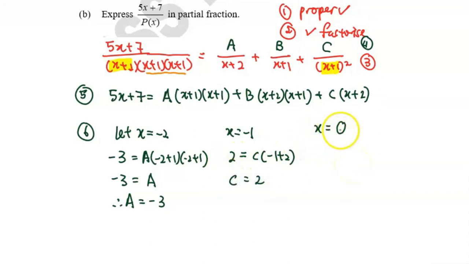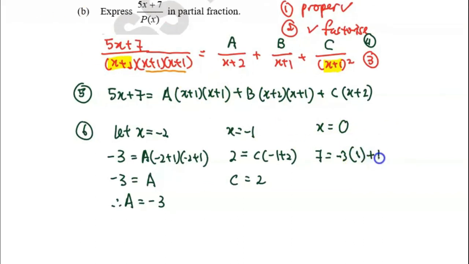For x equals to 0, we substitute here, and we get 7. Since we already have a, we will use the value of a, which is negative 3. Then substituting 0 inside here will be 1 times 1, which equals back 1 plus b. Substitute 0 into 2 and 0 into x plus 1, here we're getting 2 times 1, which is 2.